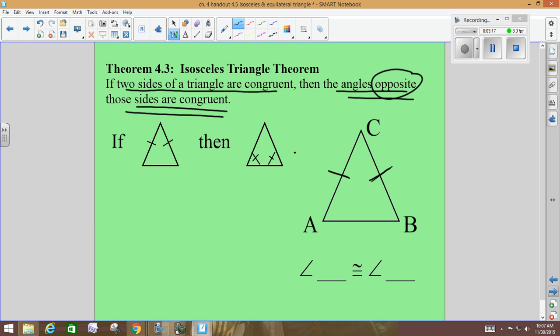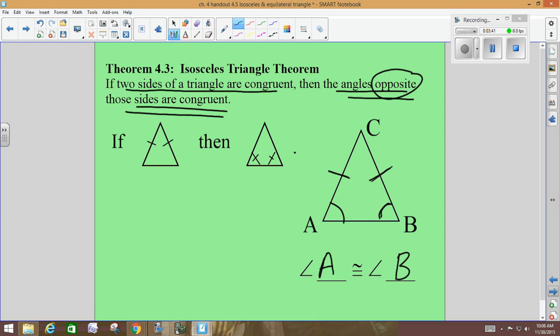Since it has two congruent sides, it needs to have two congruent angles, the angles across from those sides. So which angle is across from AC? B. Which angle is across from CB? A. So these are your congruent angles. We'll say that angle A is congruent to angle B.